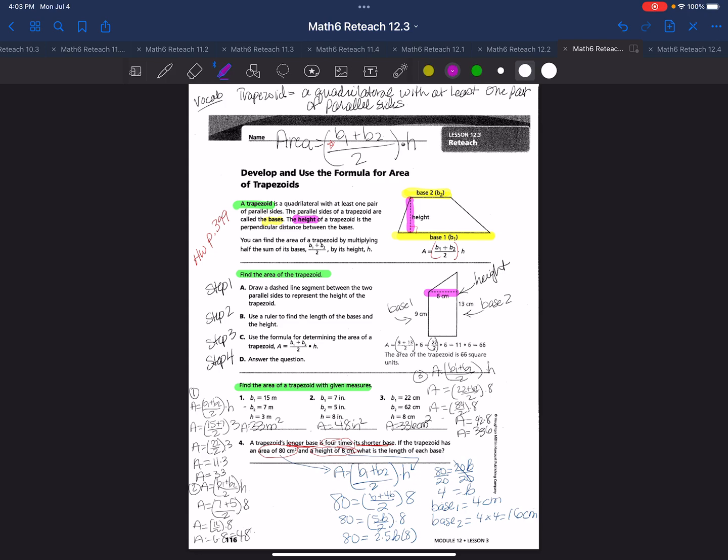Let me go ahead and erase part of these. What is the length of each base? So I have to find the length of each base, which I did. So I have base 1, 4 centimeters, and base 2 is 16 centimeters. That is our lesson for Module 12, Lesson 3, Grade 6.